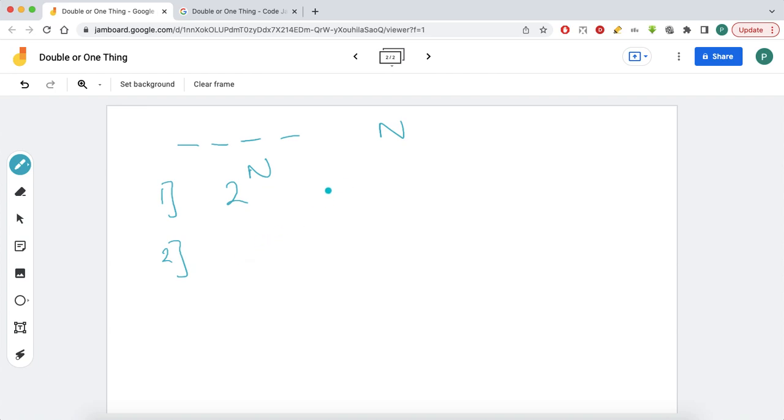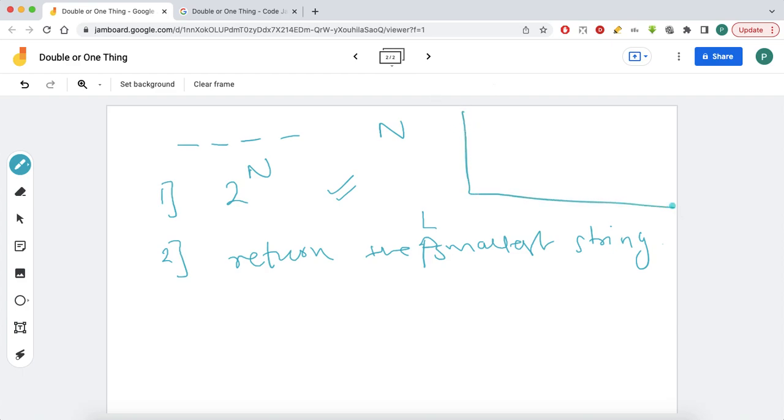While generating these strings itself, we keep track of the smallest one, and in the second step we return the lexicographically smallest string. But the problem here is that the constraint given is that the maximum length of the string can be 100, and as we all know, 2 to the power 100 is not feasible to compute.